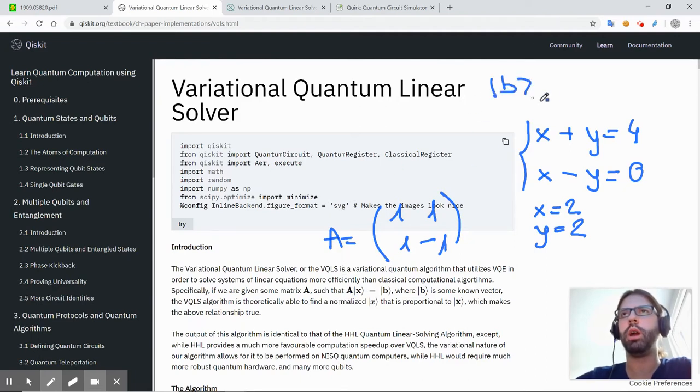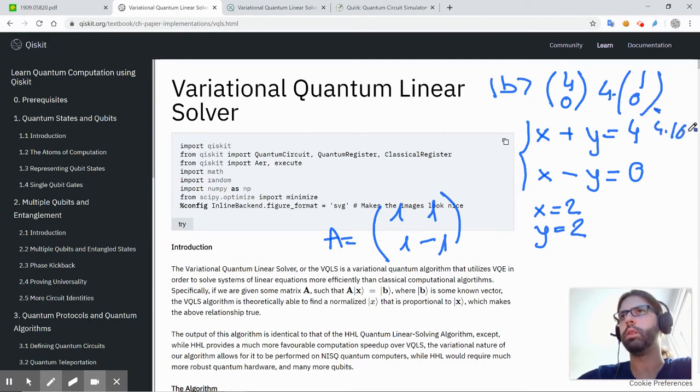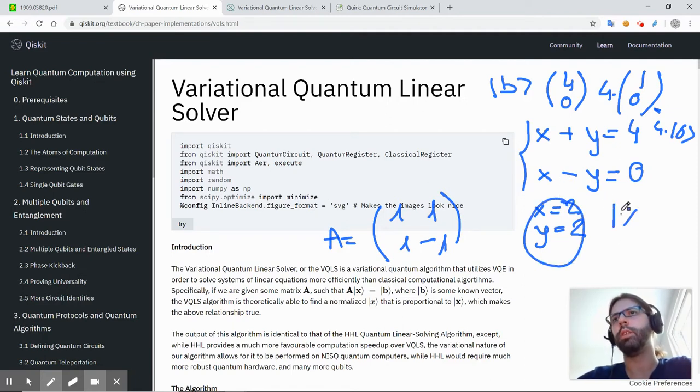B would be 4, 0, right? Or 4 times 1, 0. And that is actually 4 times the ket 0, right? And that is x, right? So that's what we want to approximate x for.